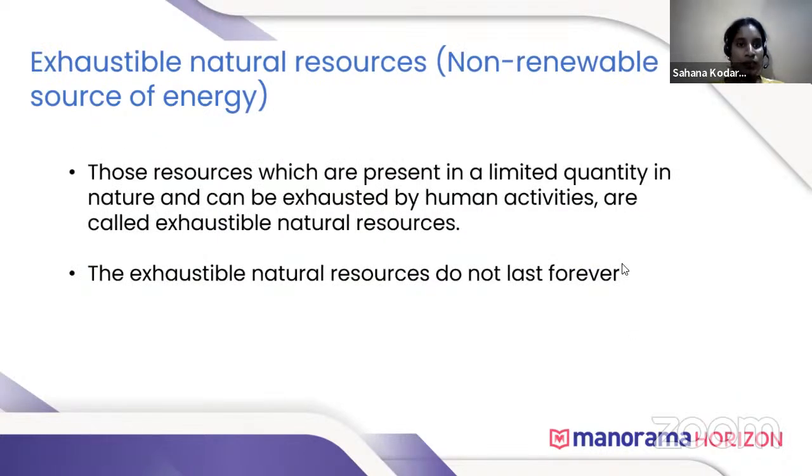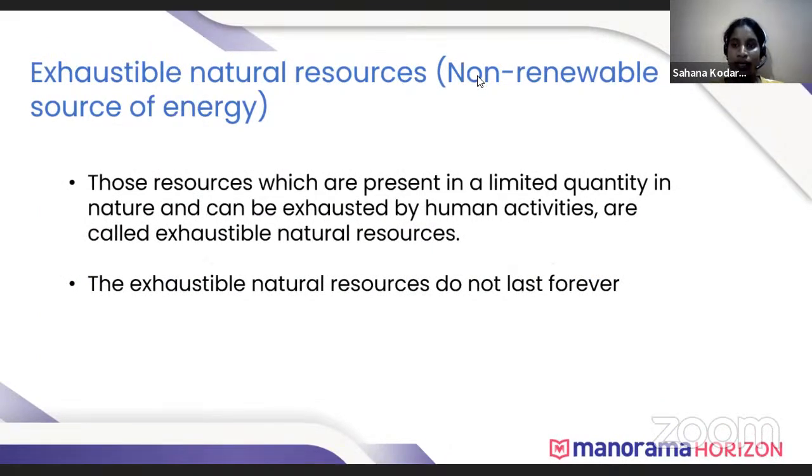Now we will see what is meant by exhaustible natural resources and examples of exhaustible natural resources. Those natural resources which are present in limited quantity in nature and can be exhausted by human activities are called exhaustible natural resources. These natural resources do not last forever.